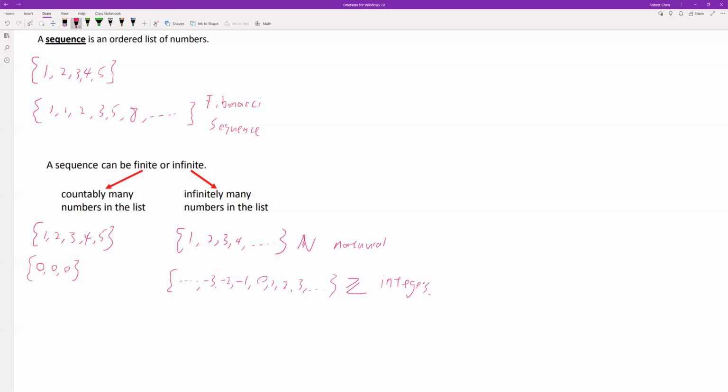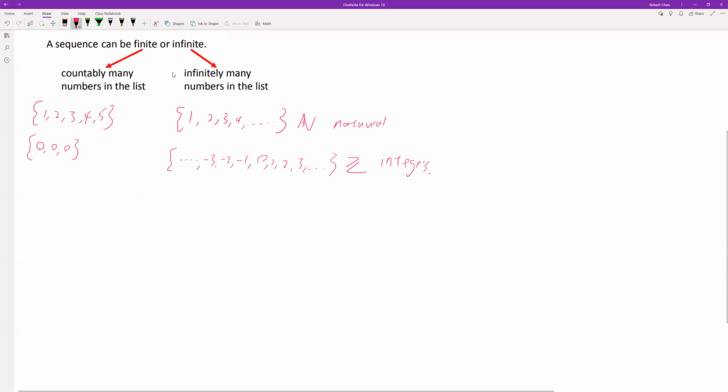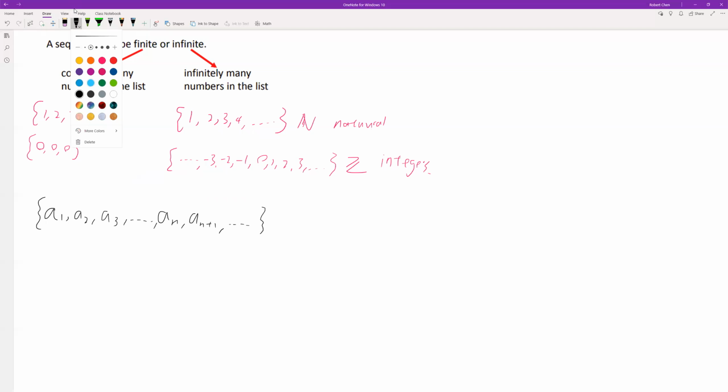Okay. Now, notation-wise, for both finite or infinite sequences, usually we use lowercase a to represent an element in the sequence. So the first number in the sequence will be a1, a2, a3, and so on. And we have a_n, a_(n+1), and so on. What these subscripts mean is they tell you which term you're looking at in the sequence.